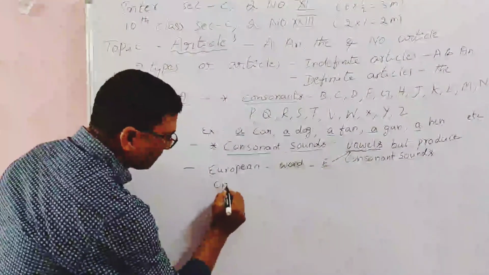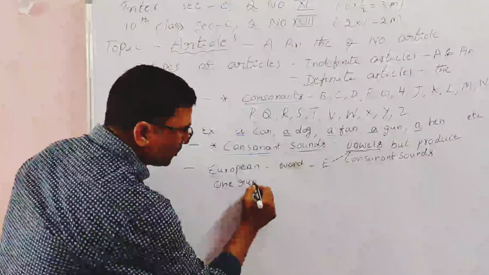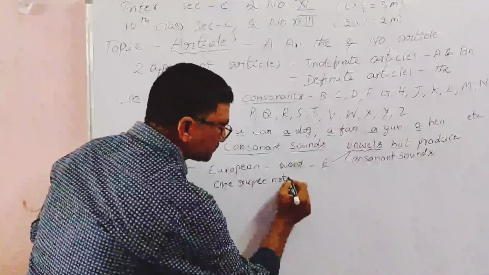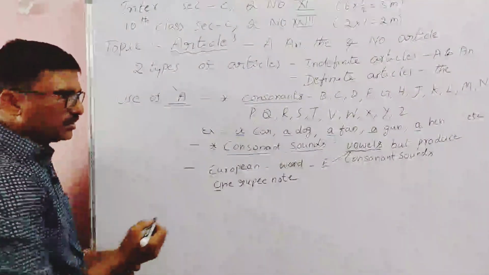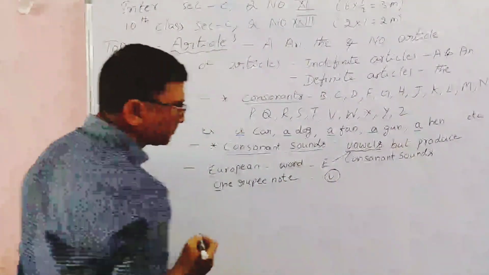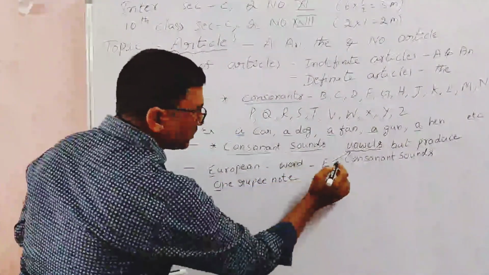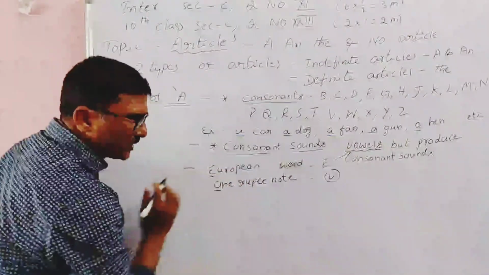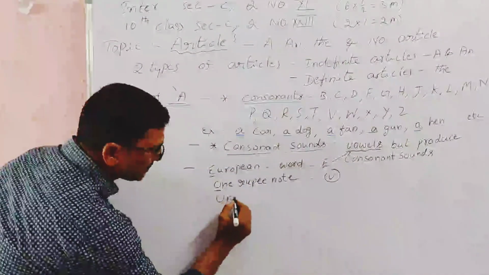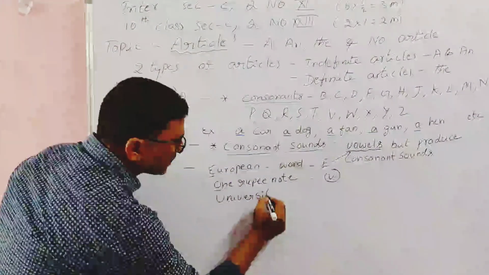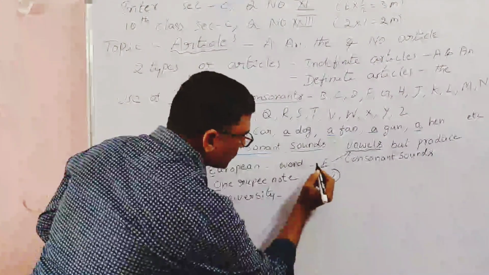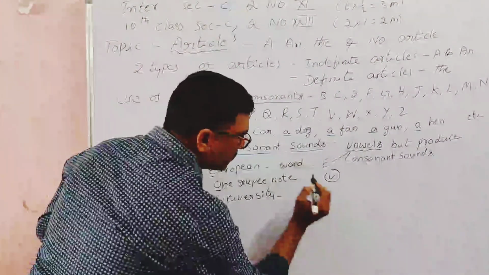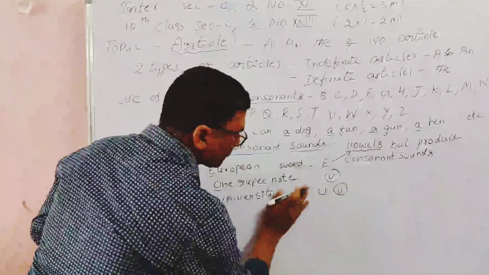One rupee note: the word began with O. O is a vowel. E is a vowel. O is a vowel. University began with the letter U. It is a vowel.